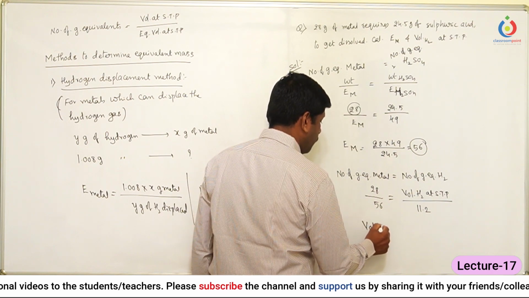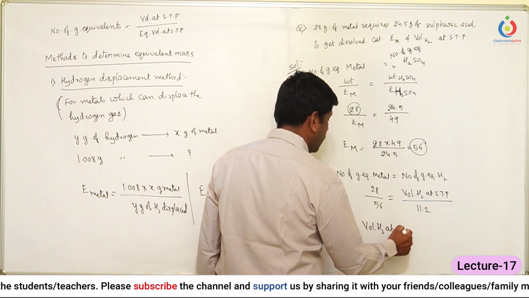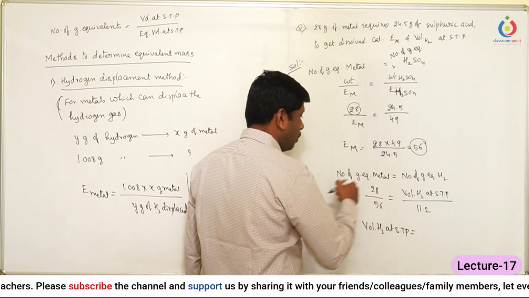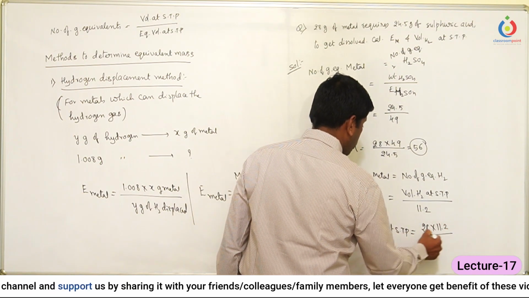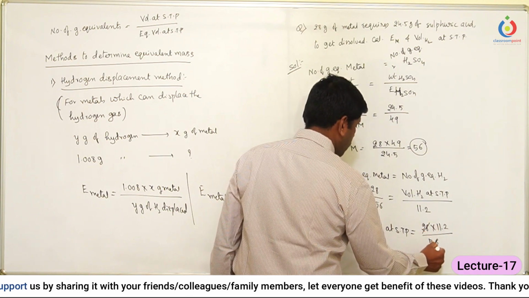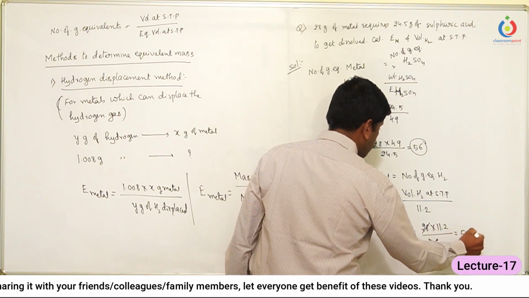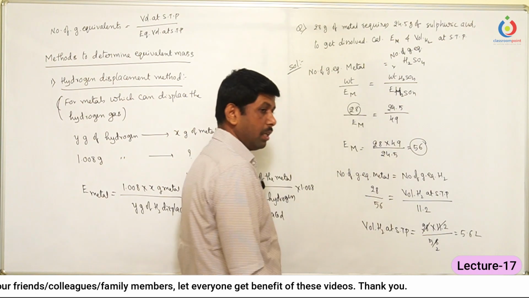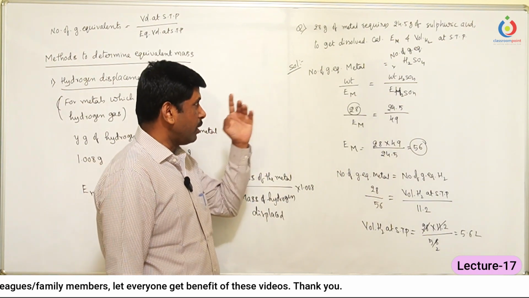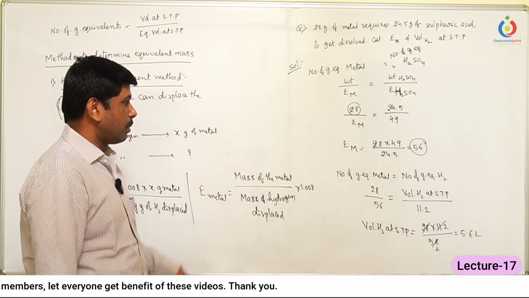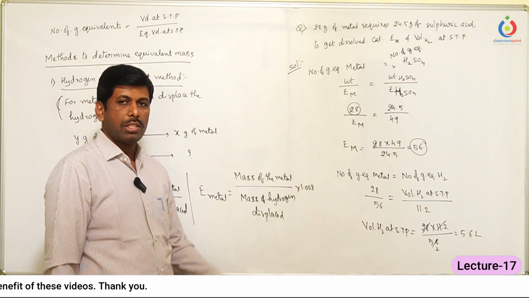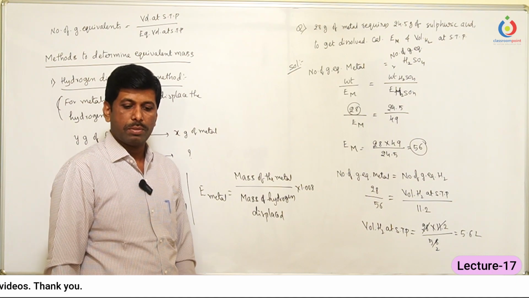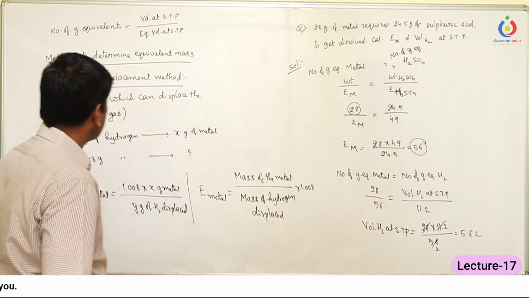So the volume of H2 liberated at STP is equal to, by cross multiplication, 28 into 11.2 divided by 56. It goes 2 times, that value equals 5.6 liters. So like this we can use this hydrogen displacement method in calculation of both equivalent mass as well as equivalent volumes. Now let us see another method.